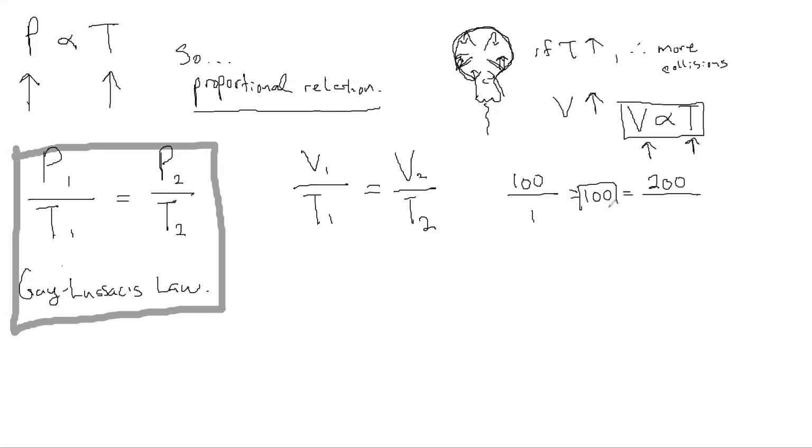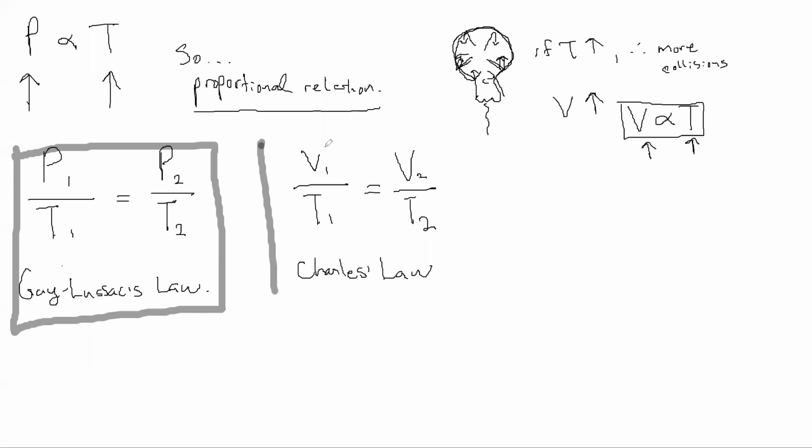To keep the fraction a constant, the temperature must be raised to 2. So that's equal to 100. Get what I'm saying? And so V1 over T1 equaling V2 over T2, this is Charles's law. Okay, let's put a little box around that.